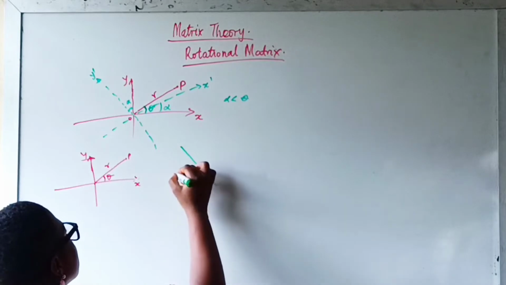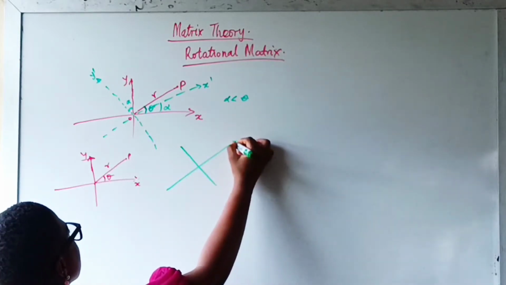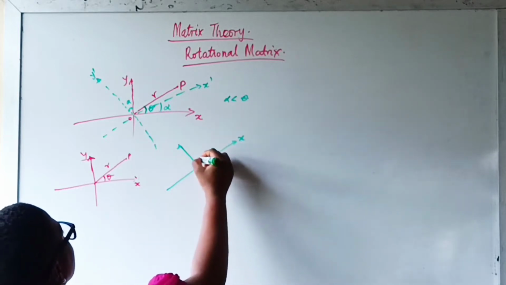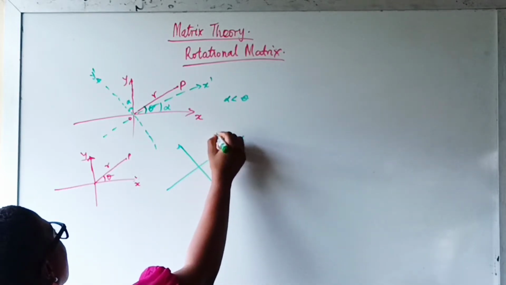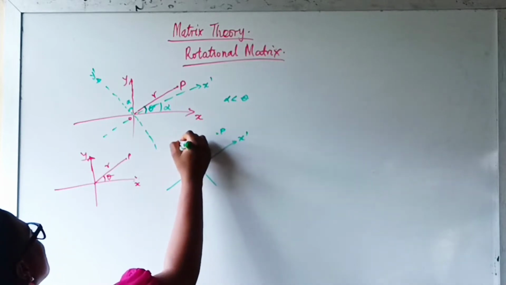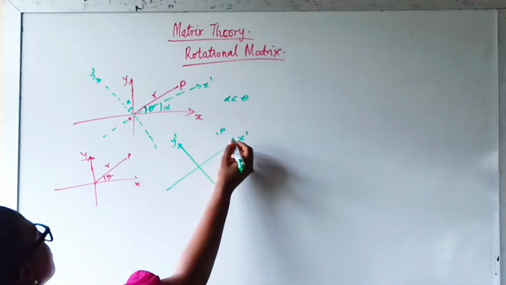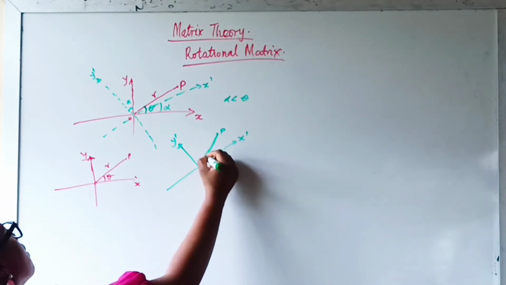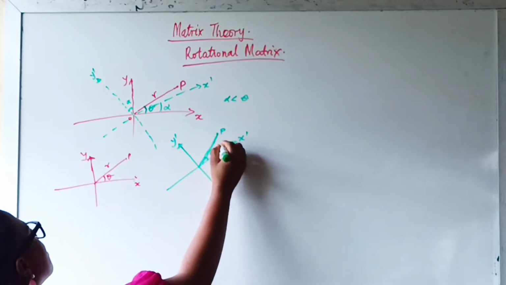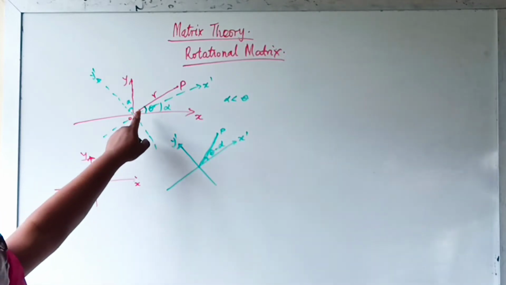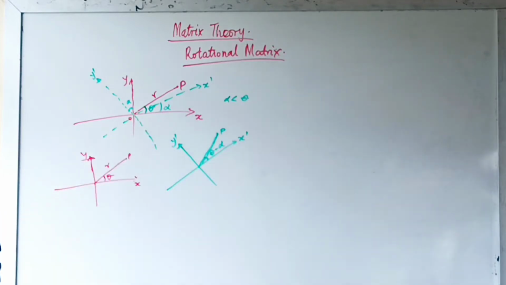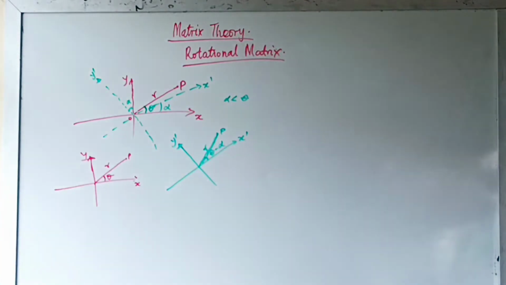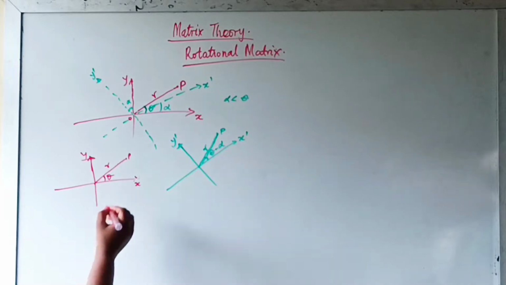And this is x prime, y prime, this is our point. This new angle here is theta minus alpha, because if this whole angle is theta, then this is alpha and minus. This is also r. Our aim is to get what x and y are related to this plane.